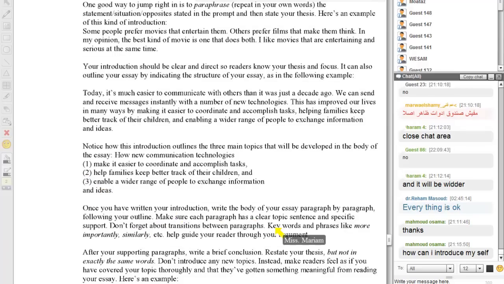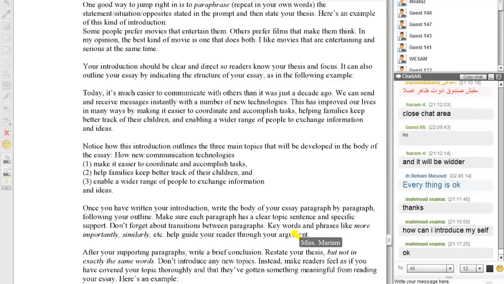Once you have written your introduction, write the body of your essay paragraph by paragraph, following your outline. Make sure each paragraph has a clear topic sentence and specific support. You have to write a clear topic sentence, and support it with specific details, examples, illustrative ideas, and so on. Okay?